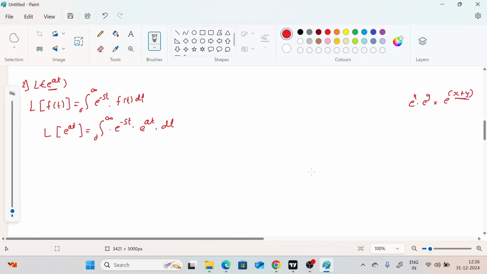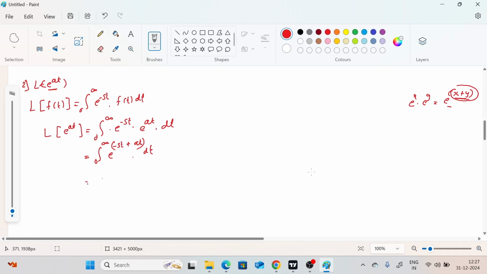So we can make the common base and add the values which are in the exponent. In a similar way we are going to utilize this formula: integral from 0 to infinity of e raised to minus st plus at, dt.